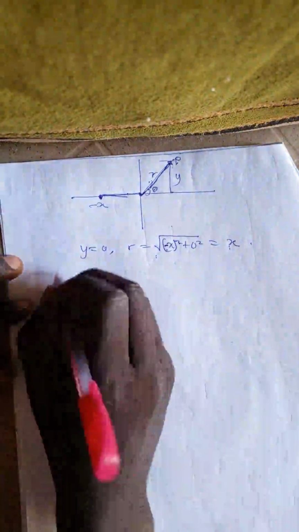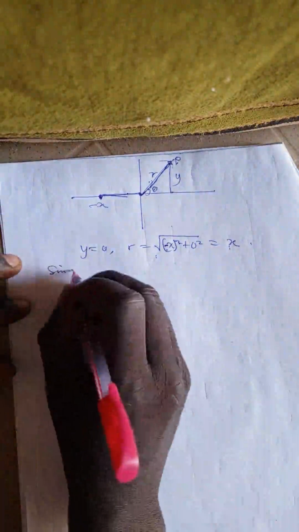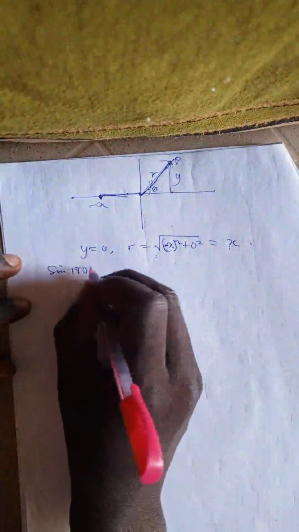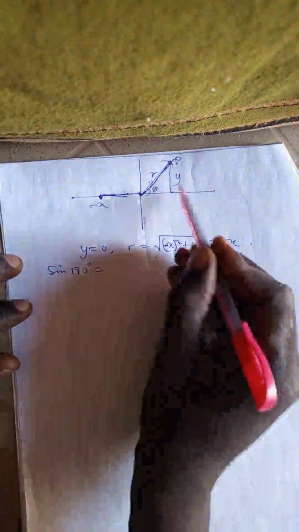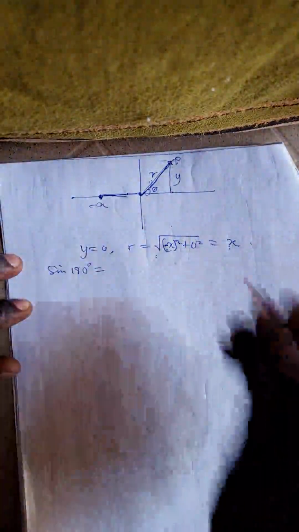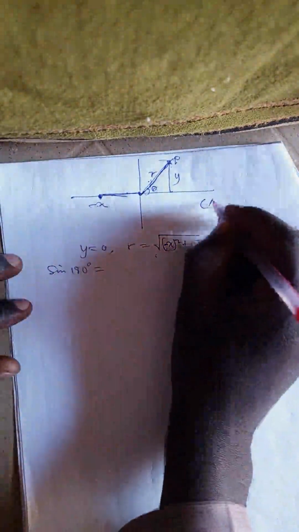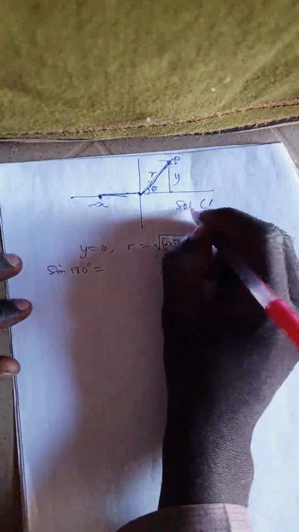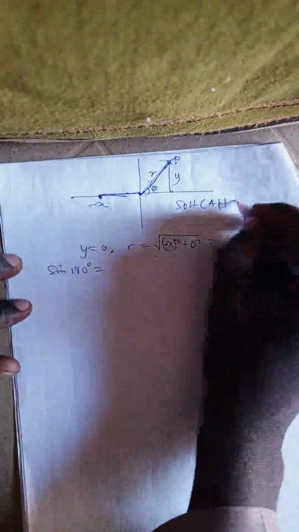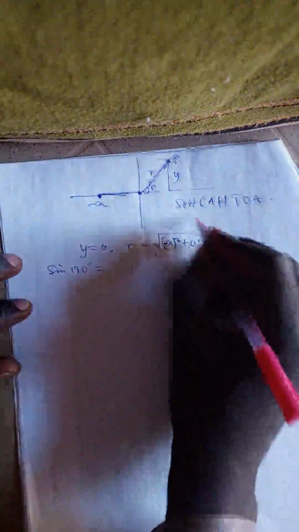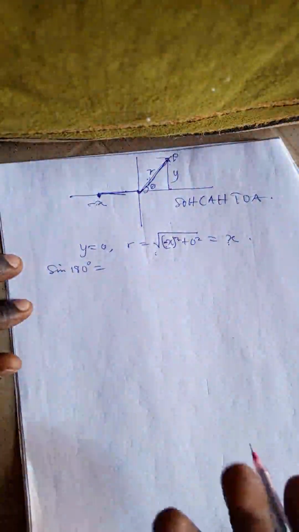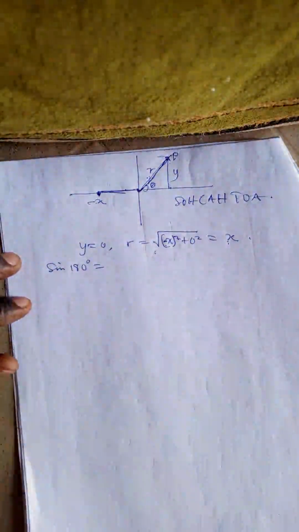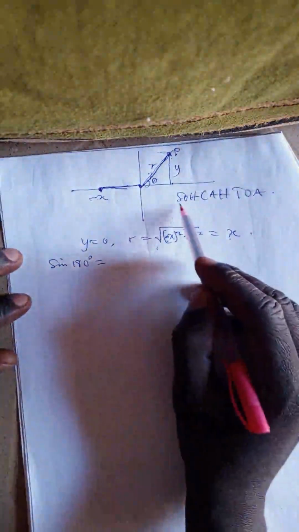Now, we look at sine 180 degrees. So what is sine? Following the trigonometric functions, there is a notation we say, SOH, CAH, TOA. It is just an acronym for us to remember the sine, cosine, and tan trigonometrical functions.